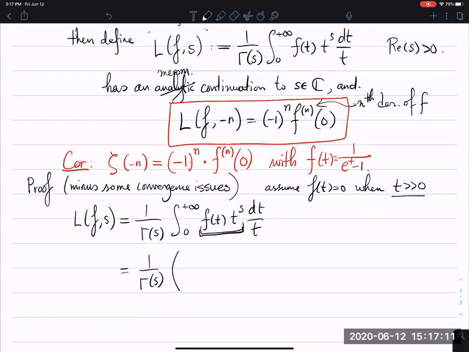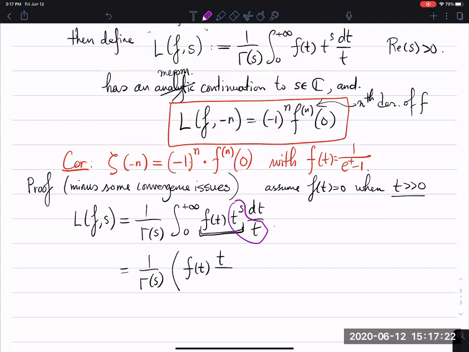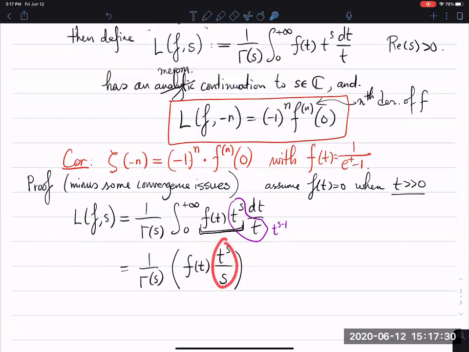And I have the function f of t times t to the s, and now it's time to combine these two together. It's t to the s minus 1. If I have this function and I take the derivative of that, that's precisely t to the s minus 1, which is what we have over here, right?